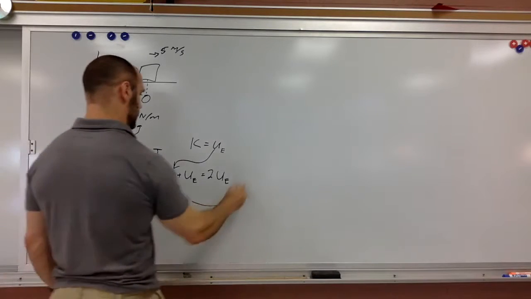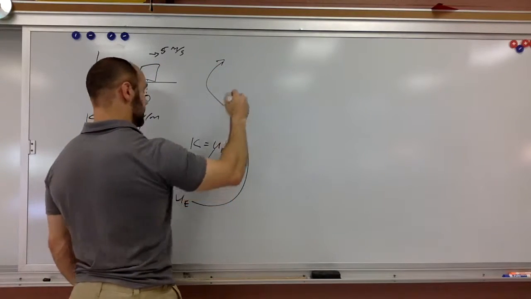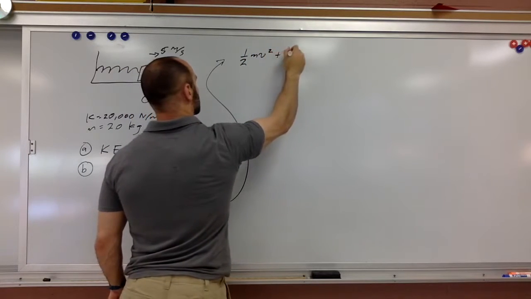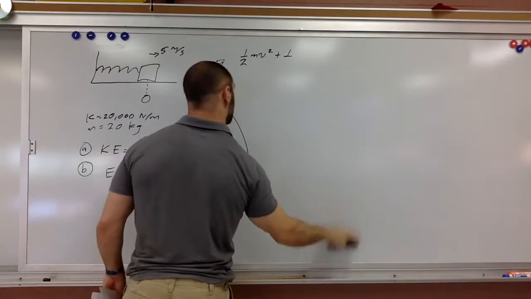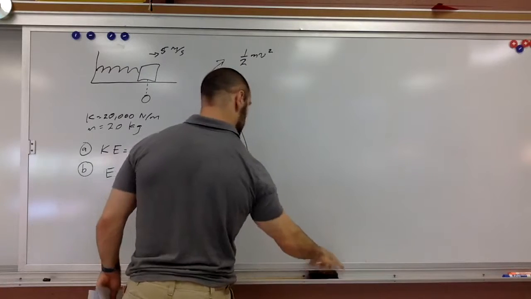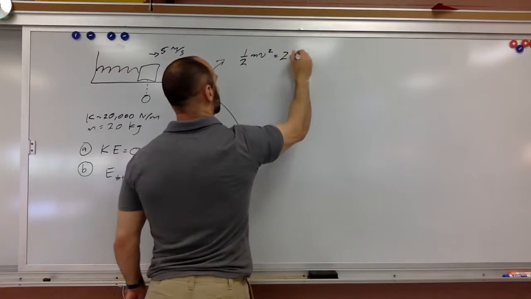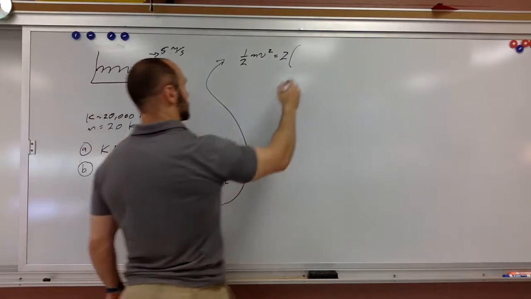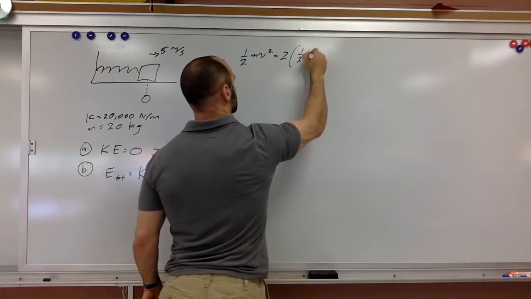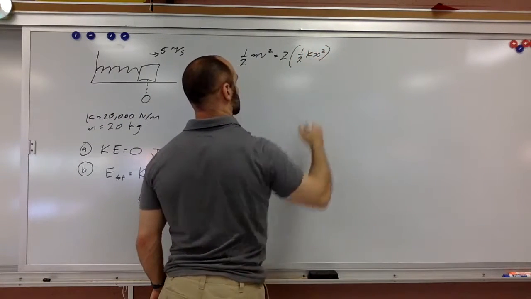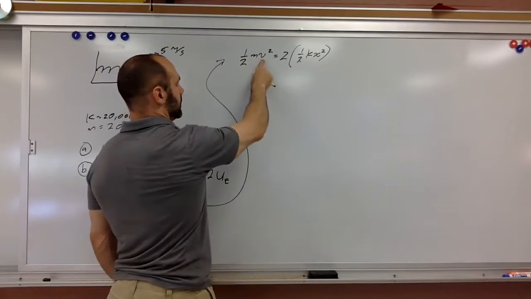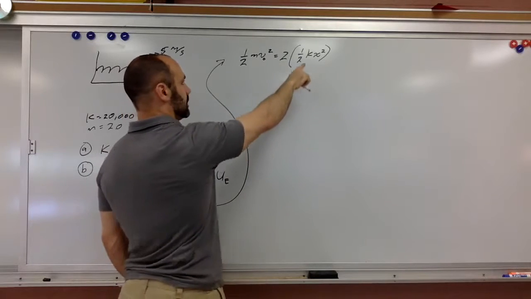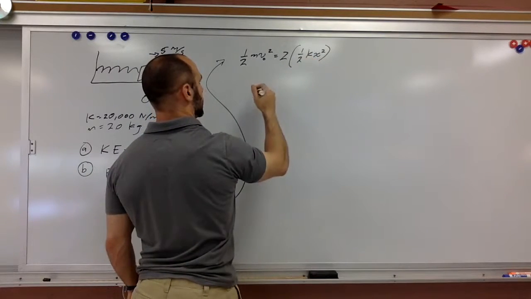And what this looks like then, let me go up here, a little more space. So this is 1/2 mv squared equals 2 times, and then the elastic potential energy is 1/2 kx squared. I know m, I know v, right, at position 0, and I know what k is, so now I just have to solve for x.